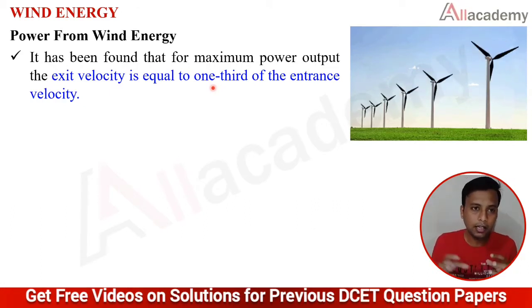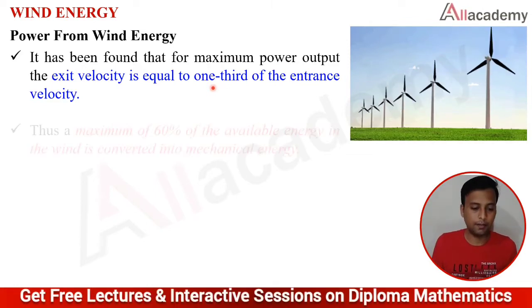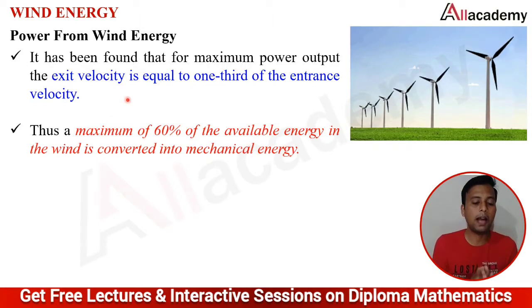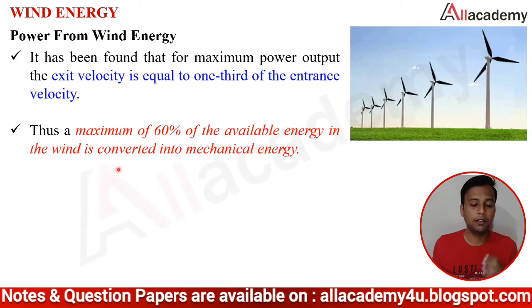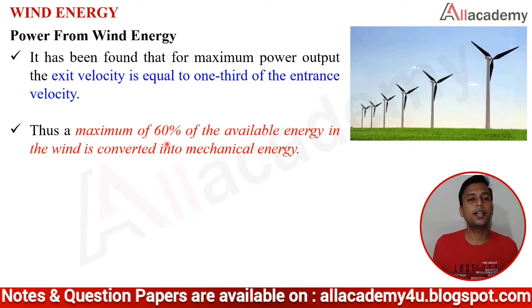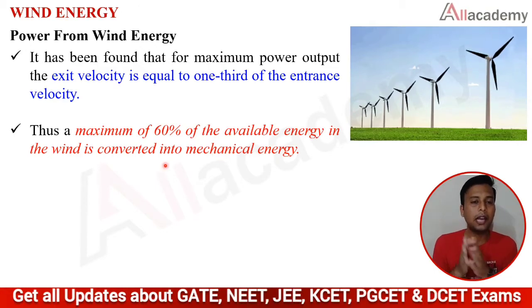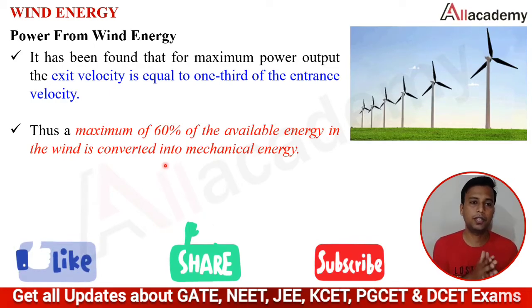Only if the velocity reduces is it converted into energy. So from this statement I can say that a maximum of 60% of the available energy in the wind is converted into useful mechanical work. Now this can be achieved by the device called windmills, which is commonly known.